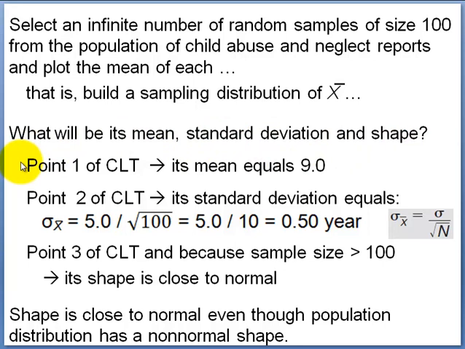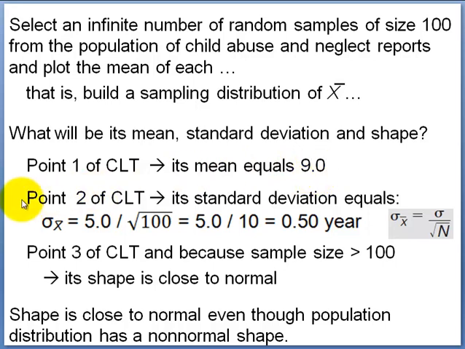So let's do so. Point 1 of the central limit theorem tells us that the mean of the sampling distribution will equal the mean in the population. The population mean is 9, so therefore the mean of our sampling distribution will be 9.